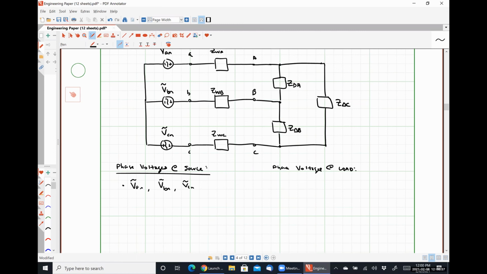What are our phase voltages on the load side? Everybody agree with that? That's correct.